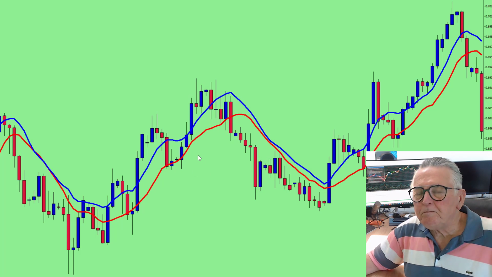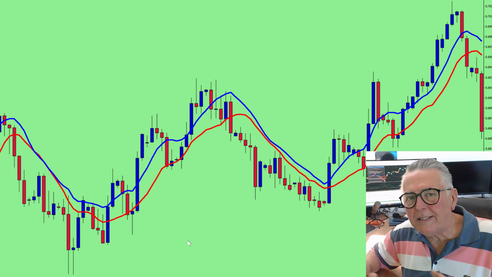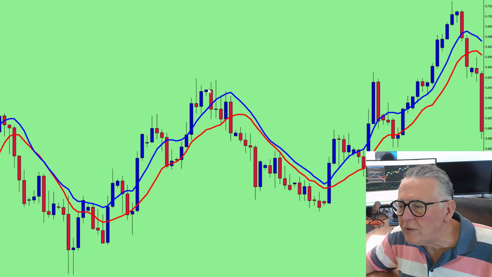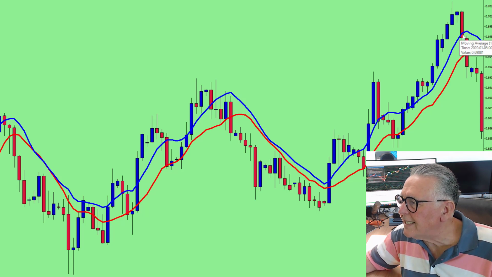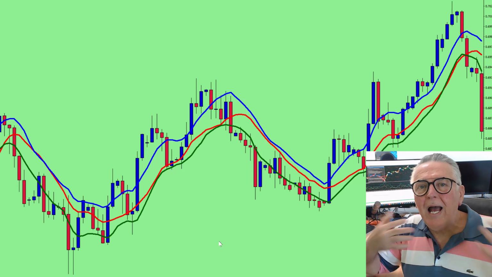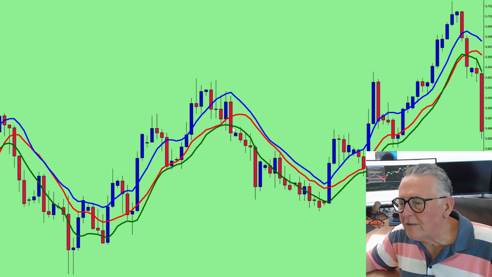Now, can you see, if you're using the high and you're using it for sell signals, not buy signals, sell signals, you get your signals a lot earlier than the conventional moving average. There's a sell signal, so it's a lot earlier. There's a sell signal, a lot earlier. There's a sell signal. Look how much earlier that is, a whole candle earlier. So now the buy signals happen on the low of the candle.